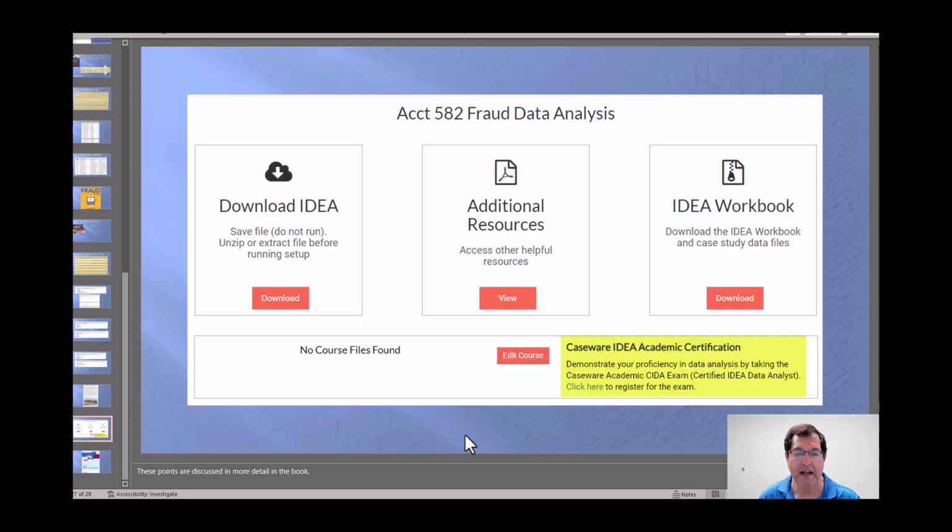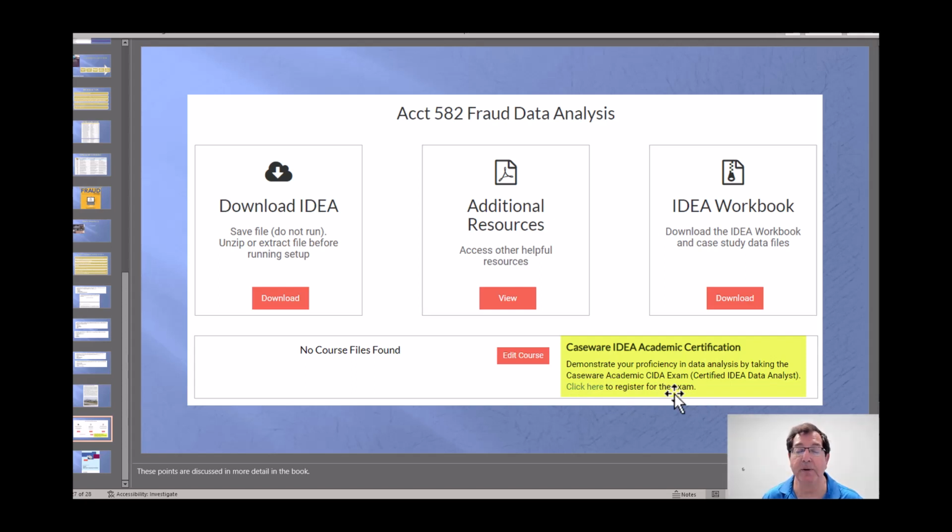One more thing. If we go to your class on the IDEA academic portal, you will see Caseware IDEA academic certification. And we're talking about the exam. Click here to register for the exam.